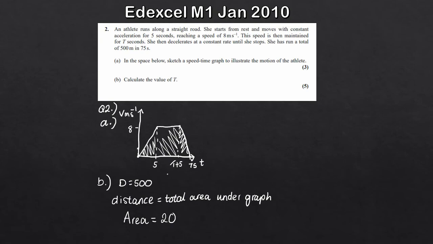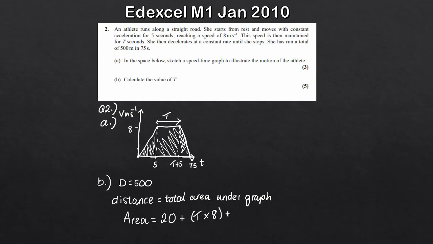If you do t plus 5 minus 5, you just get t. So that's t times the height, which is 8, so t times 8.